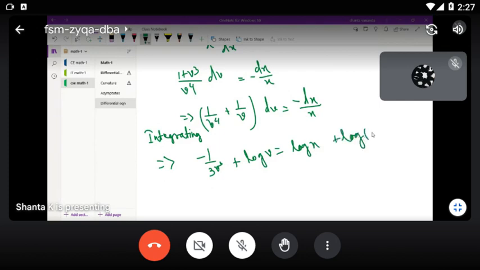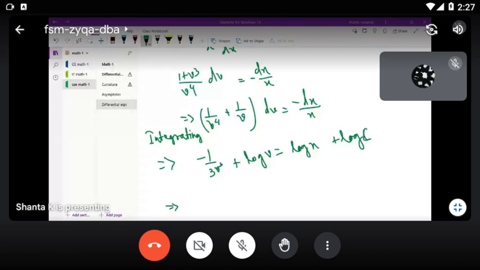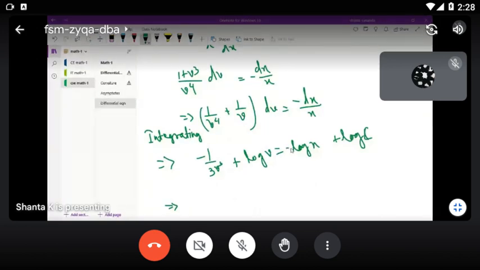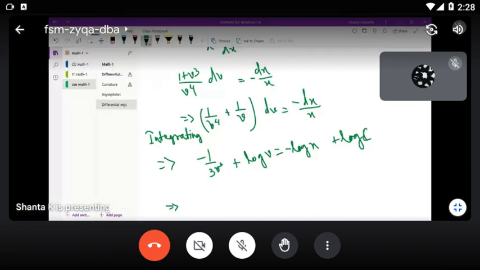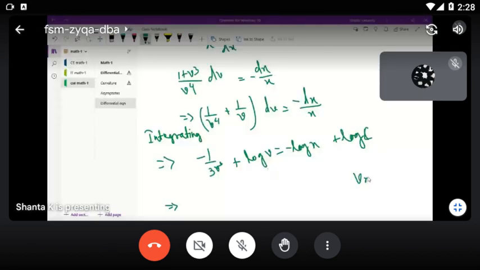So it is up to minus log x. Now if you substitute, we have started with vx equals to y. So v will be y by x.